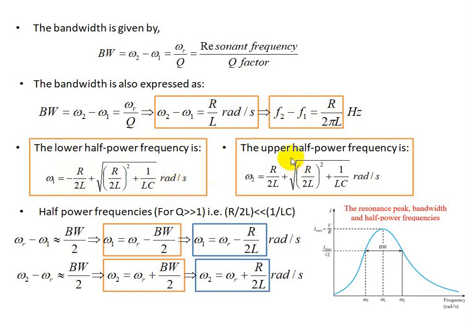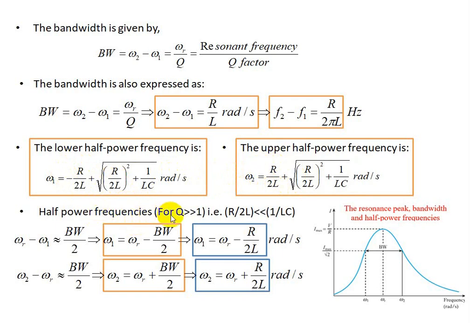Similarly, the upper half power frequency omega 2 is equal to R by 2L plus under the root of R by 2L whole square plus 1 by LC, radians per second. Here we have a minus sign, whereas here we have a positive sign.